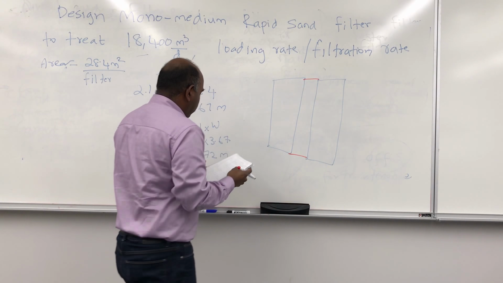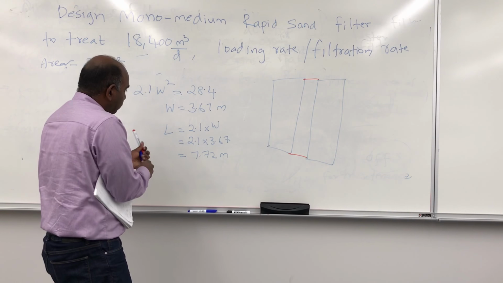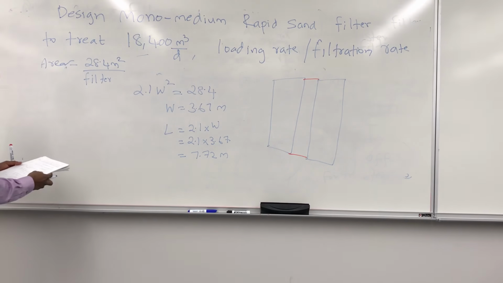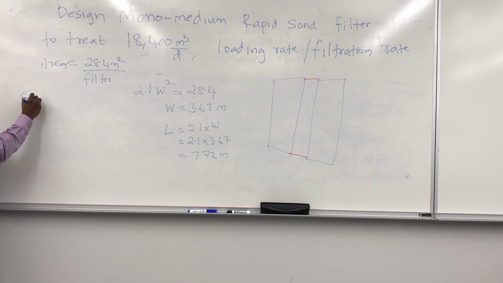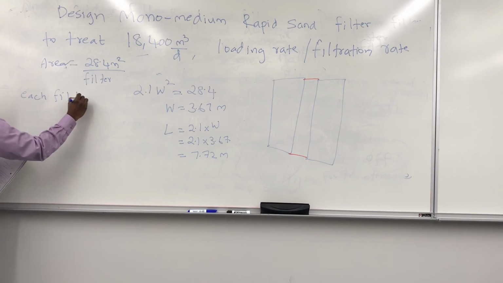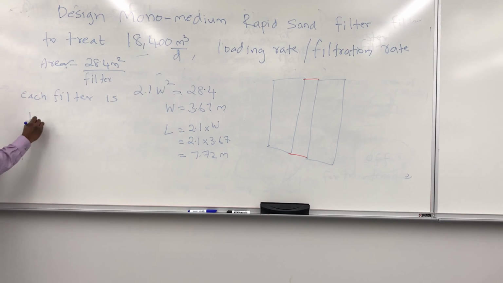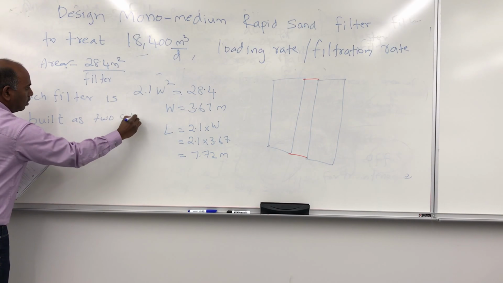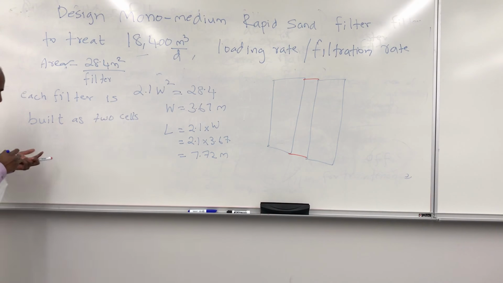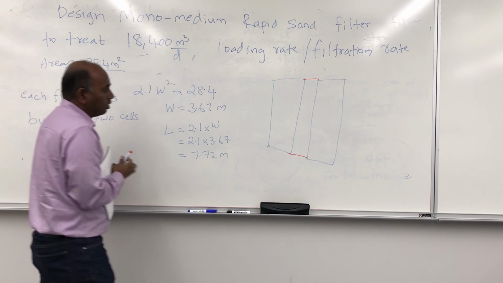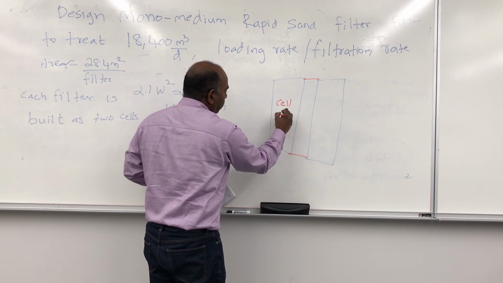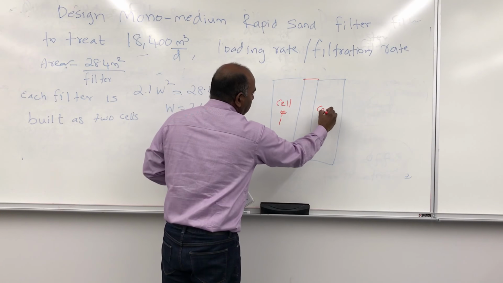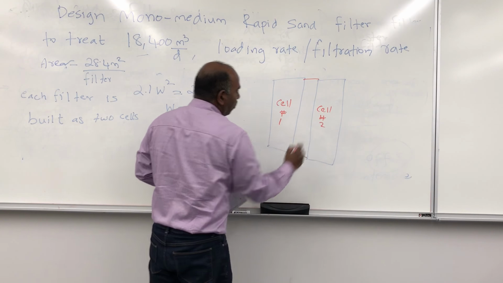Now each filter is built as two cells. So this is cell number 1, cell number 2.